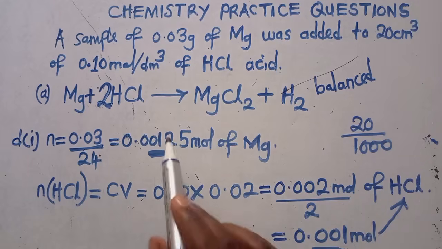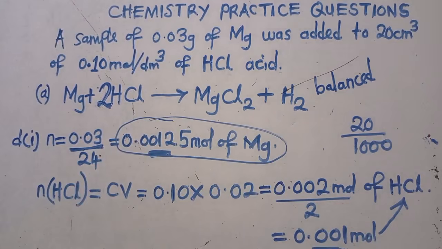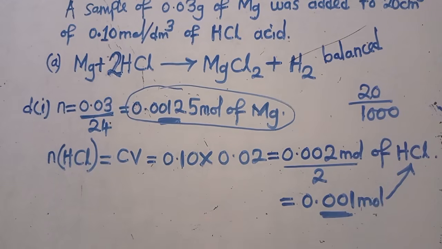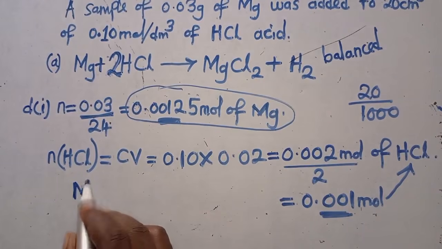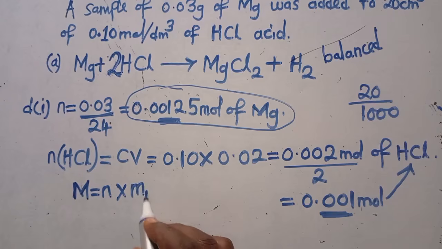So I now know that the magnesium is the one that will be in excess. They want me to calculate the mass of magnesium which will be in excess. This is something so simple. I know that mass is equal to number of moles times molar mass.